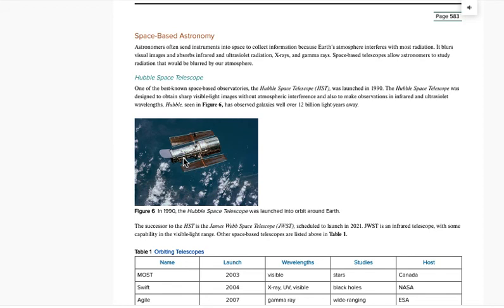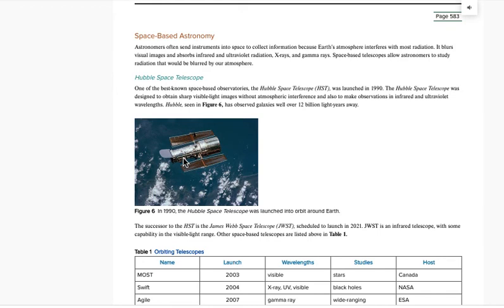Sometimes astronomers will send stuff into space. They do that because then they can get away from the Earth's atmosphere where there's light interference, where there's radiation interference. You get blurry images. There's ultraviolet radiation, x-rays, gamma rays, lots of things that get in the way.